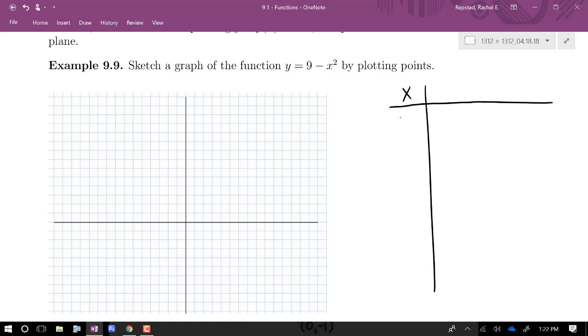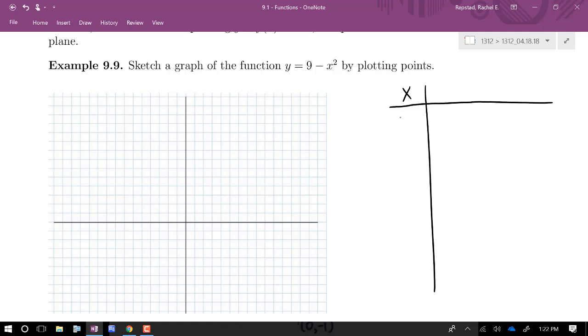That's another way of asking, is there anything we can't plug into this function? I don't think so. Yeah, we can square anything, right? We're not in danger of dividing by 0 because there's no x in a denominator. There's no radicals, so we're not in danger of taking a square root of a negative, which means we can plug in any real number we want.